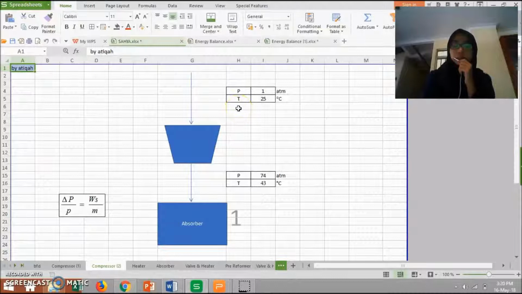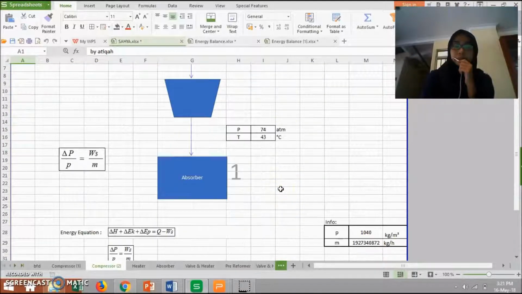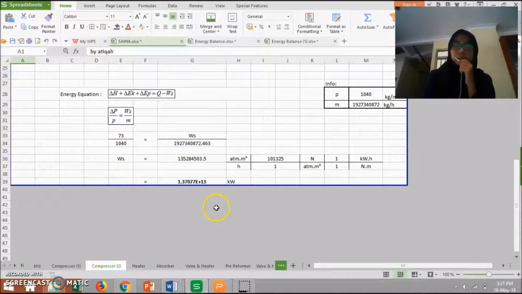It also helps to increase the pressure, from 1 atm to 74 atm. By using the same energy equation, I calculated the shaft work and also obtained a positive value.